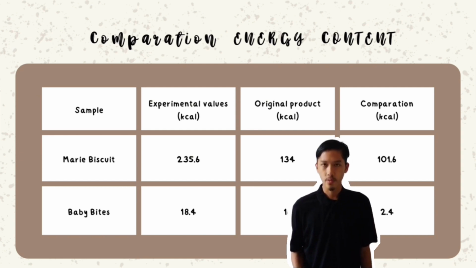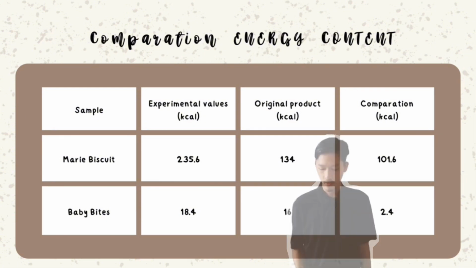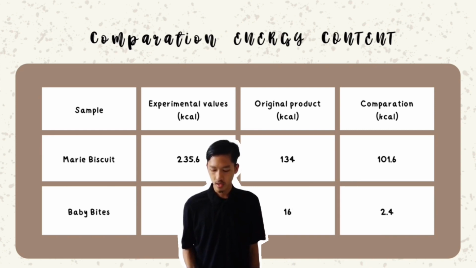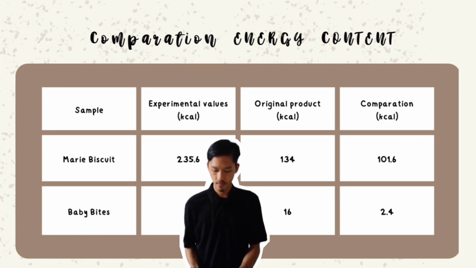For the sample of Baby Bites, the experimental value in kilocalories is 18.4. For the product in the nutritional label it is 16, and the comparison is 22.4.